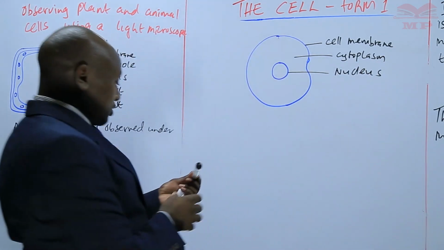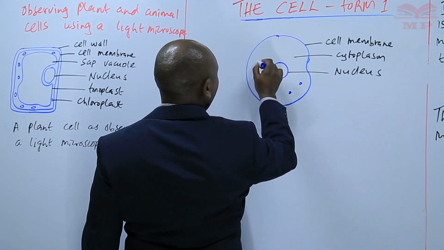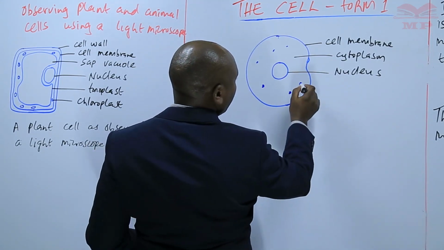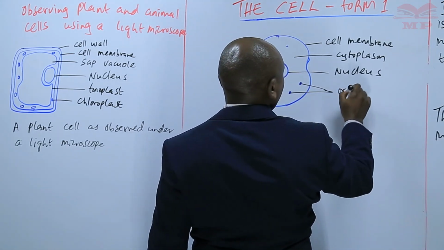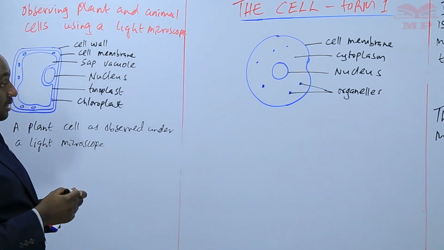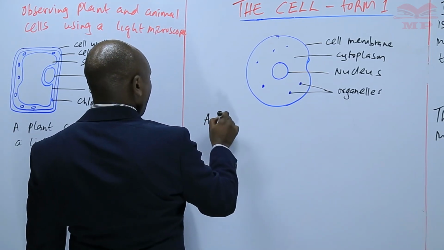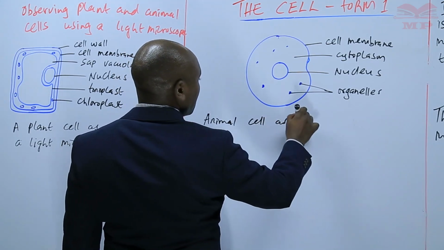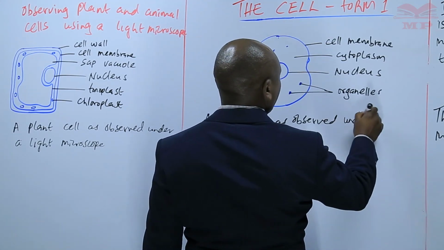So those are the main parts that you see. But basically, you can also see some organelles inside there without being able to specify which organelle that is. So you cannot specify the type of those organelles that are in the cytoplasm. So this is an animal cell as observed under a light microscope.